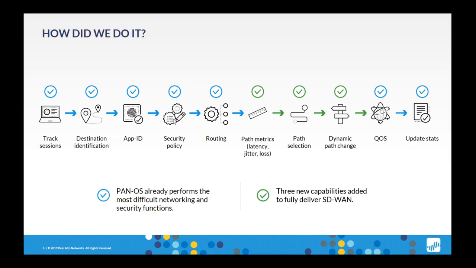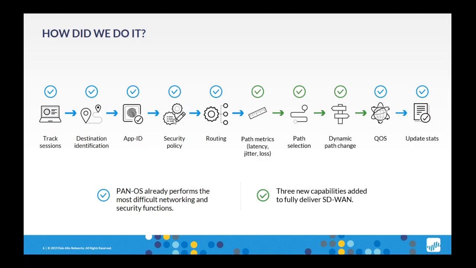In terms of application, SD-WAN provides you with the capability to dynamically and intelligently select between these two links using features like monitoring the path metrics: is there latency, is there packet loss, is there packet jitter in any of the links.